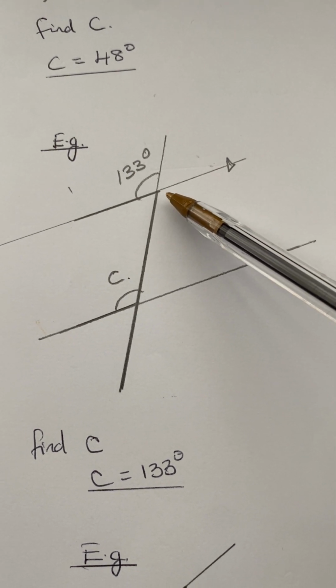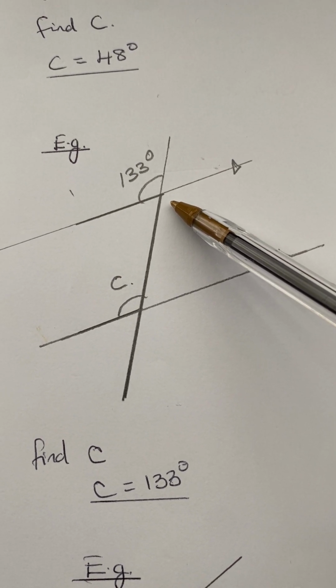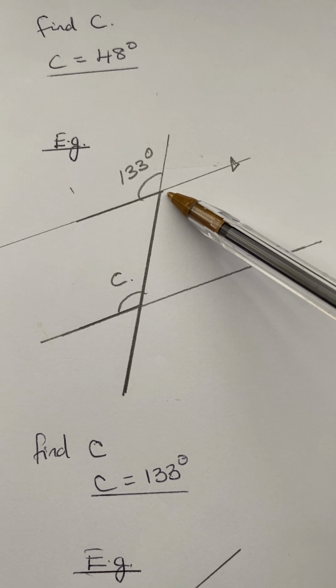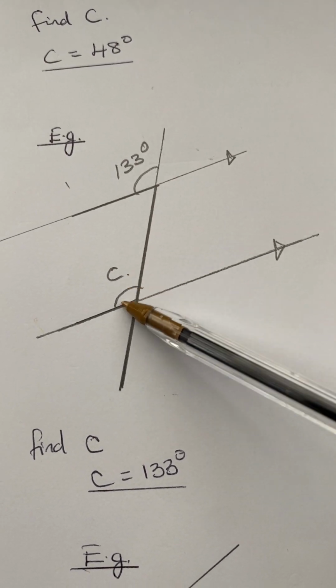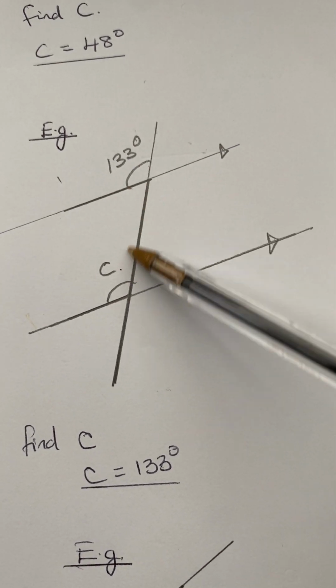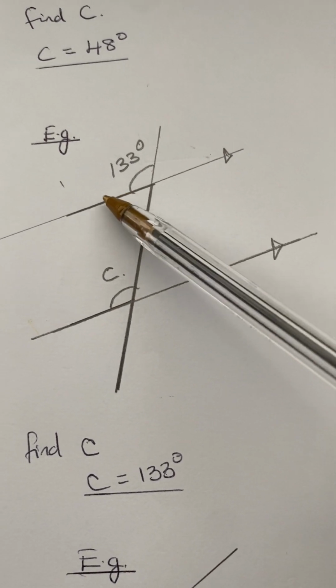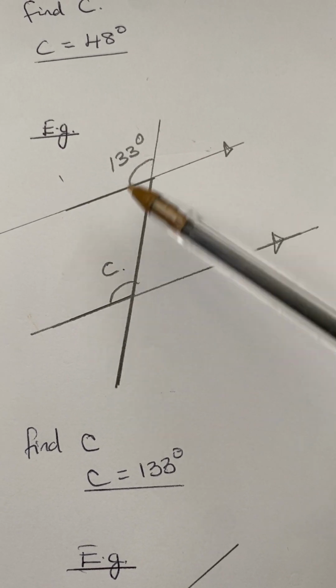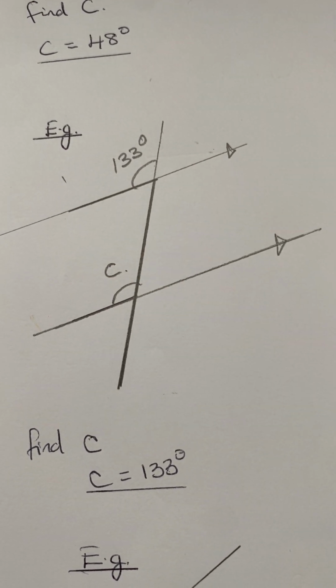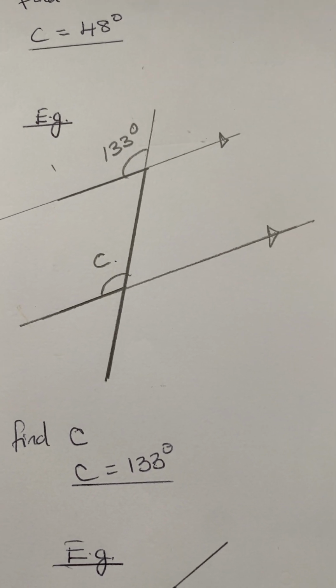If not, you might have to use angle at a point or vertically opposite angle, deduce this, and then find vertically opposite angles or use Z angles. But if you can just see your F, then this angle and this angle are equal, so you don't have to waste time.